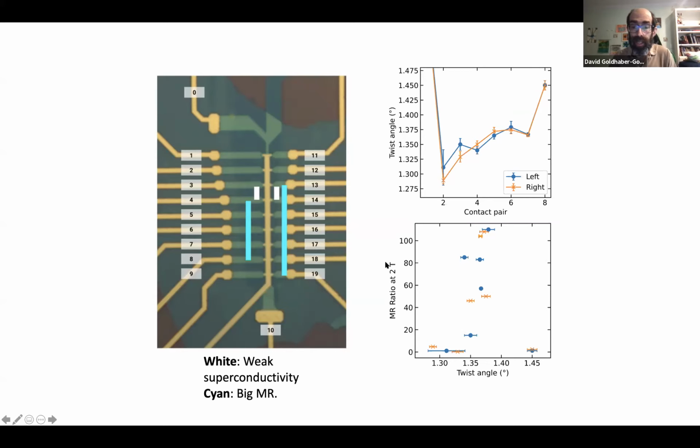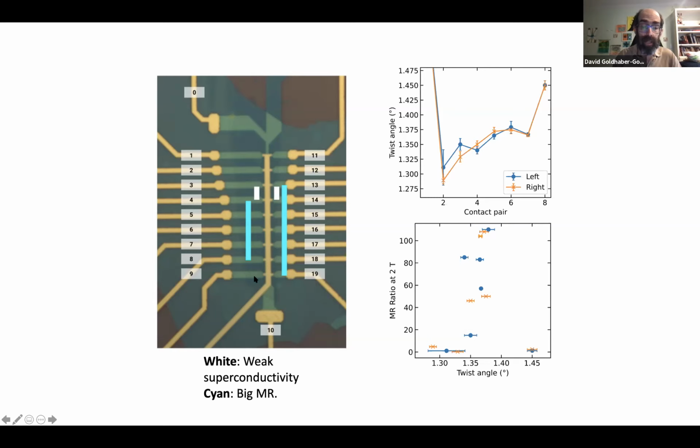The magnetoresistance appears in all these contact pairs, but it's different in the different pairs, and it seems that it's probably peaked around a particular angle.